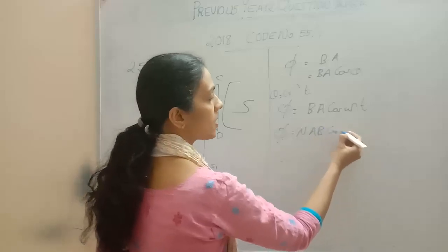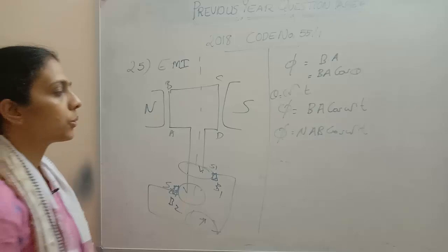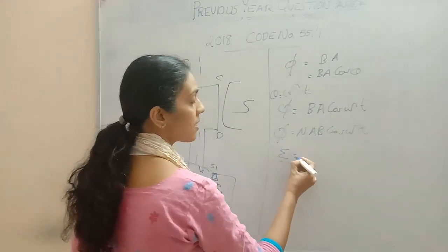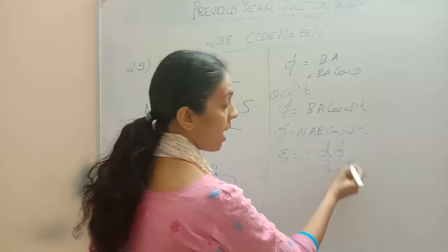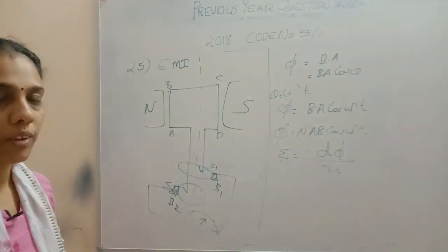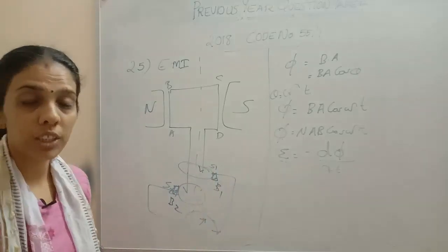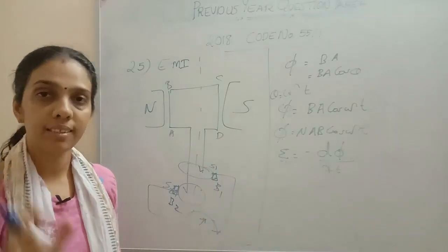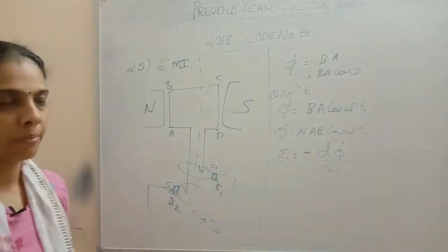NAB cos omega t. And what will be the EMF induced in the circuit then? EMF induced in the circuit will be minus d phi by dt. As per Faraday's laws of electromagnetic induction, the EMF is proportional to the rate of change of flux linked with the circuit, and it opposes the change, hence the minus.